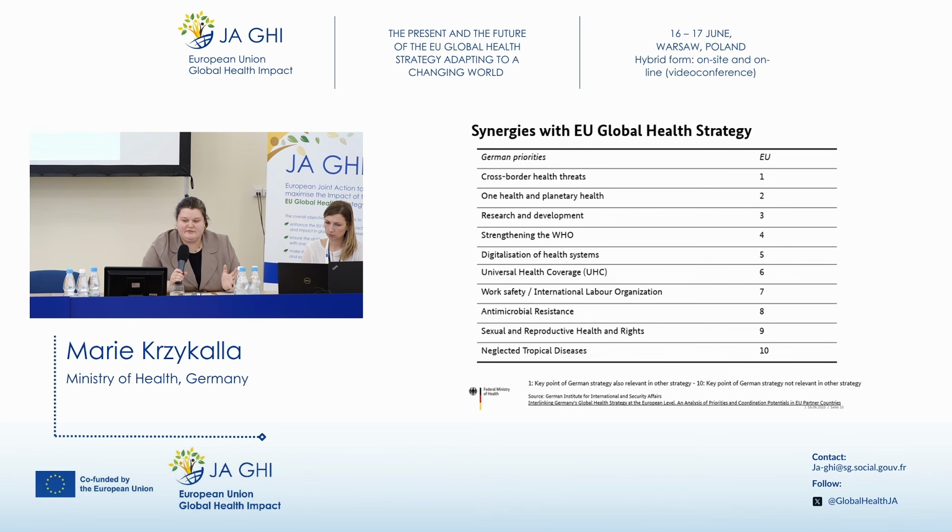So you can see we have high synergy in areas like cross-border health threats, One Health, and research and development, as well as strengthening the WHO and digitalization of health systems. And this is also an important basis for joint implementation and also strategic coherence at a European level.